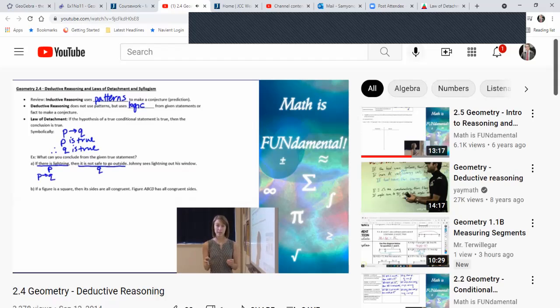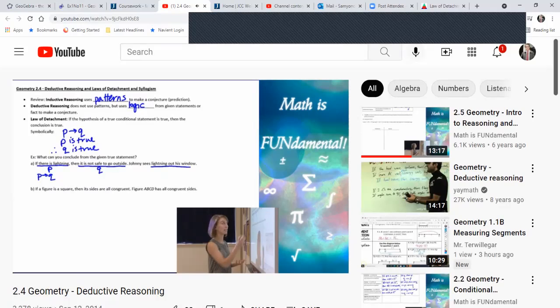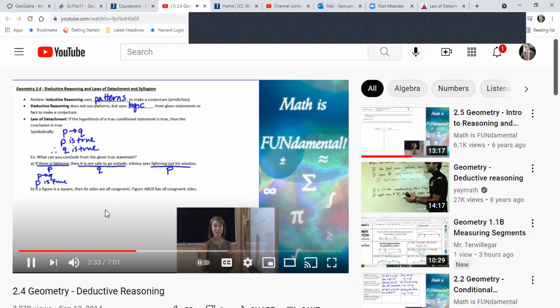Now I'm also given another piece of information: Johnny sees lightning out his window. If we look, it's not the exact wording of the hypothesis, but it's the same information. The hypothesis is there is lightning. Johnny sees lightning, so there is lightning. That counts for saying that P is true. So I know that if P then Q, and P is true, so I can conclude Q. I don't want to conclude a whole statement, I just want to conclude the conclusion.